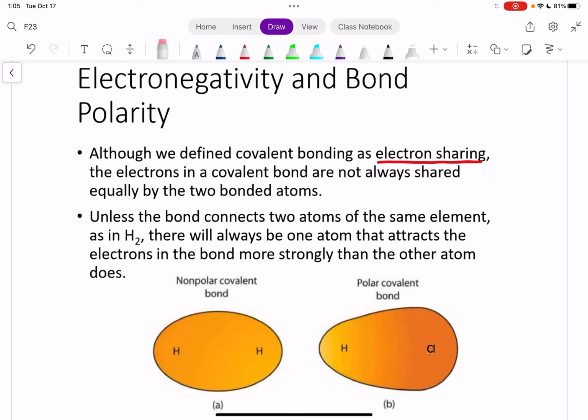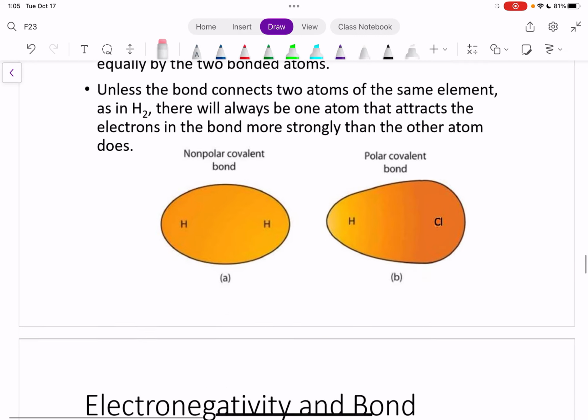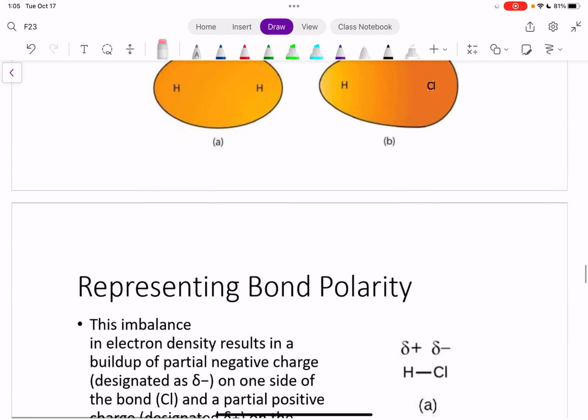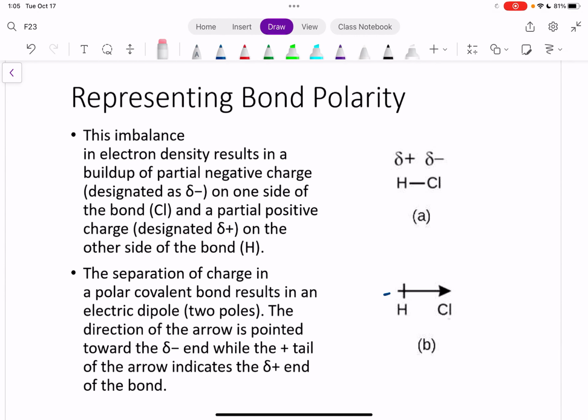And that's how I like to think of this happening between hydrogen and chlorine, is that chlorine is kind of hogging those electrons in that bond. And what happens is, as chlorine hogs those electrons, and we'll go back to that previous slide in a bit, as chlorine pulls all of those electrons to its side, that results, because electrons are negatively charged, in more negative charge on the right side of this molecule, right, by chlorine, than on the left, okay?